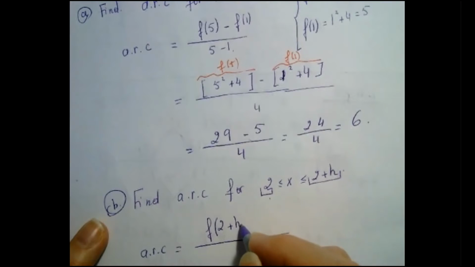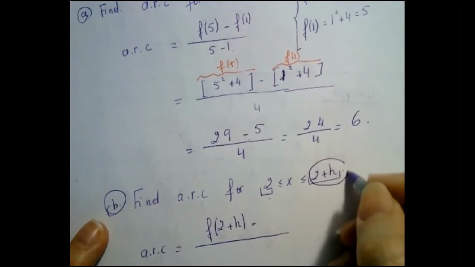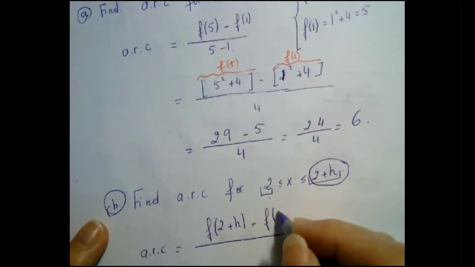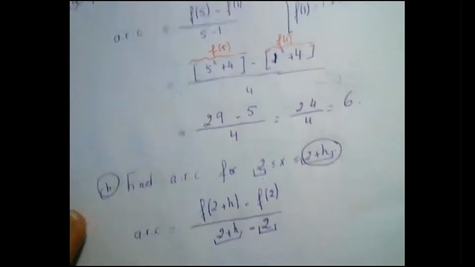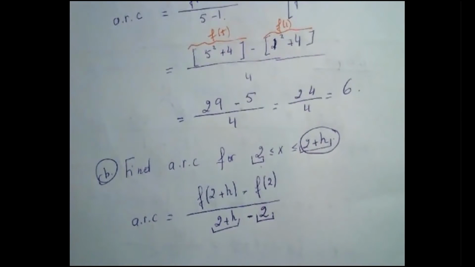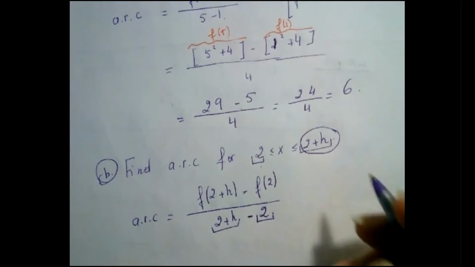f of 2 plus h, the value here, minus the value here, divided by b minus a. Okay, so this problem is purely symbolic. All right, what's f of 2 plus h?